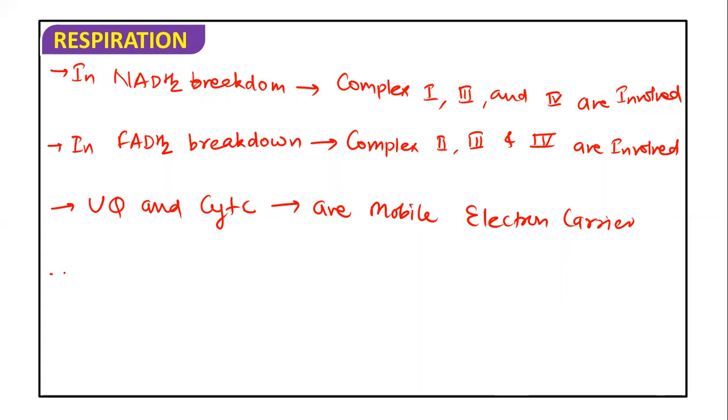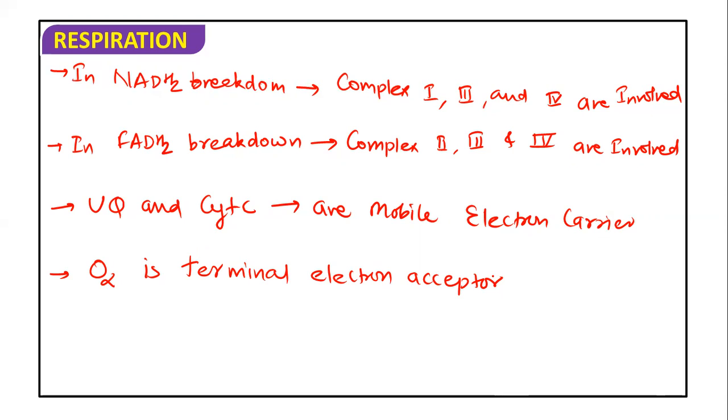Now in this, oxygen is the terminal electron acceptor, and it is limited to the terminal stage of the process, and it is known that the presence of oxygen is vital, and as we know, oxygen drives the whole process.